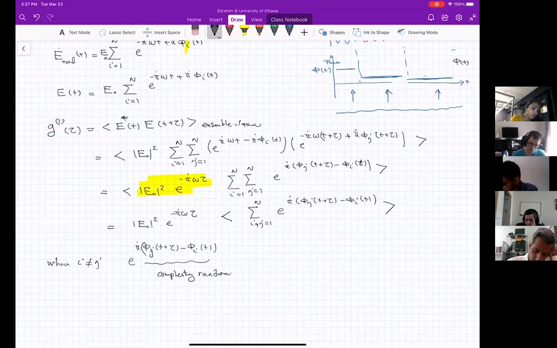Even for i equal to j, they are identical copies. So they are random atoms, but the behavior they have individually, they look like each other.